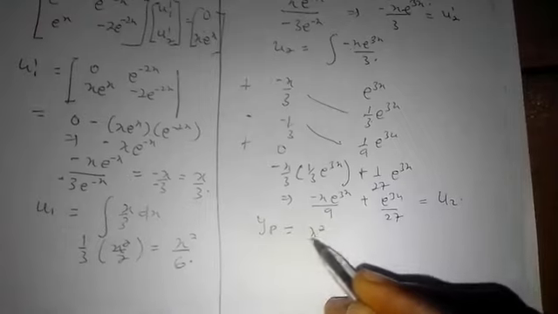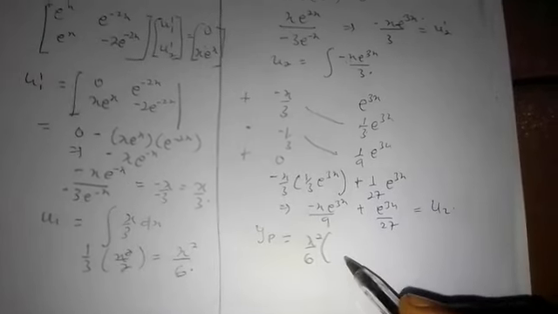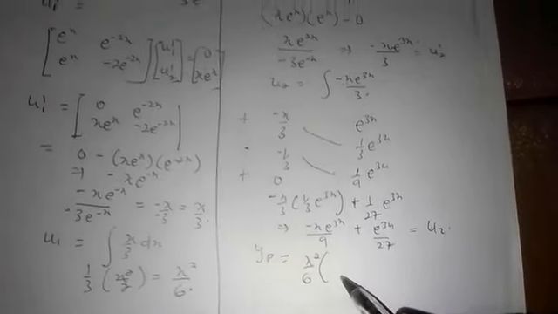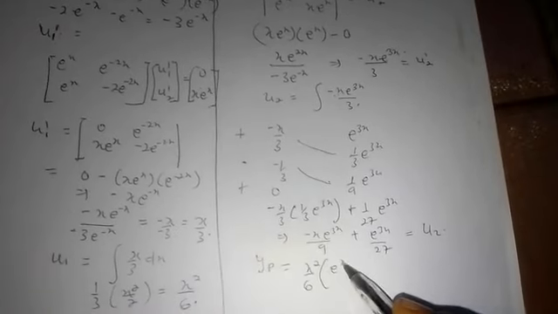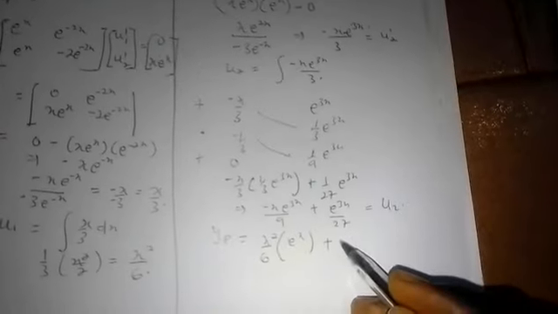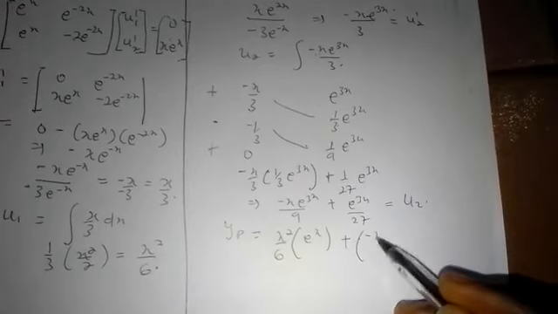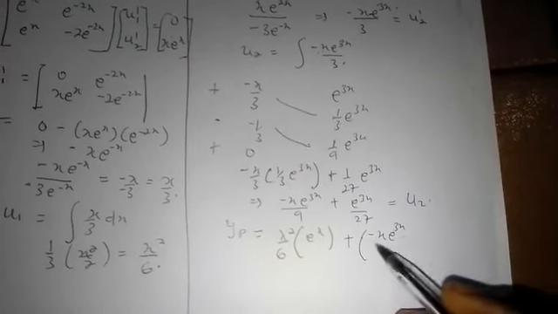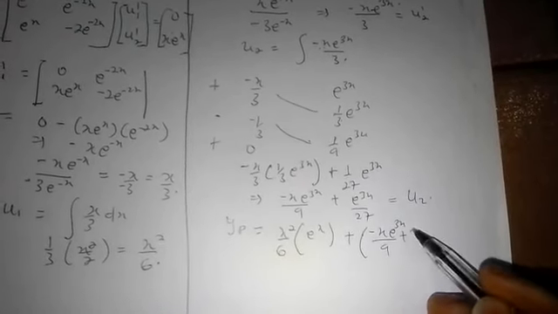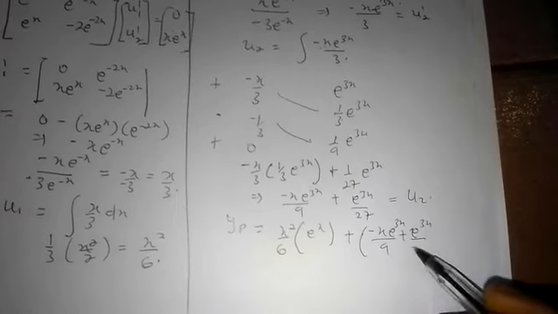So x squared over 6 multiplying the expression e to the power x, then plus my u2, which happens to be this whole expression here, negative x e to the power 3x over 9 plus e to the power 3x over 27, all multiplied by e to the power negative 2x.